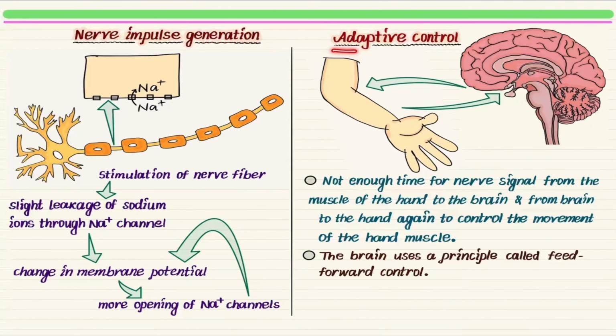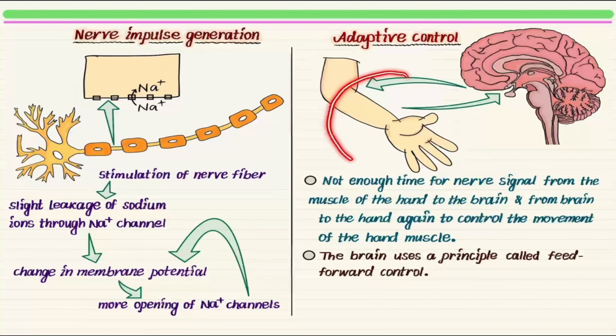Then, adaptive control of the body. Some movements of the body occur so rapidly that there is not enough time for a nerve signal from the hand muscle to the brain and from the brain to the hand again to control the movement of the hand muscle. So in this case, the brain uses a principle called feed-forward control for the required muscle contraction.